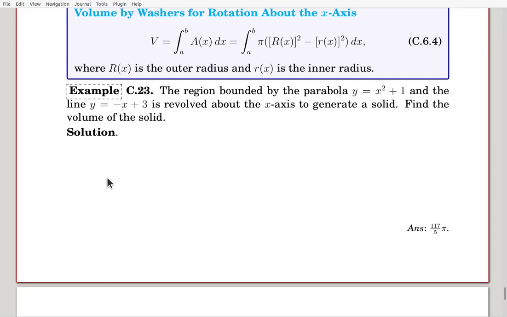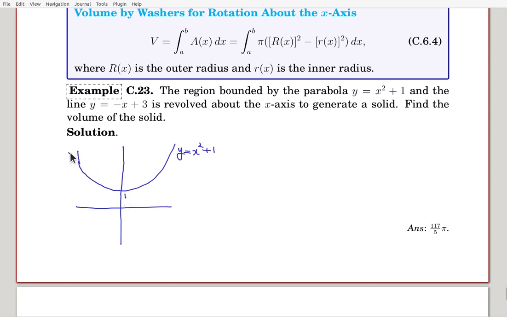Let's make a picture to understand it. Okay. Now here are the x-axis and y-axis. And the parabola is y equals x squared plus 1. Now, y equals minus x plus 3, and there's 1.